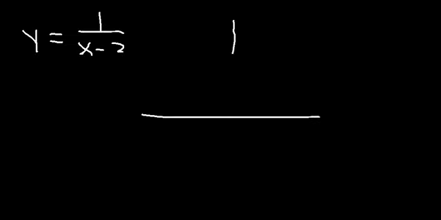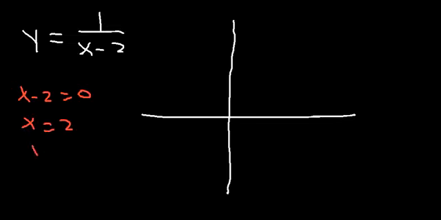So let's try some problems. Let's say if we wish to graph 1 over x minus 2. So we have the general shape, but you want to plot the vertical asymptote. The vertical asymptote is when the denominator is equal to 0. So if you set the bottom equal to 0, you get x equals 2. That's the VA, the vertical asymptote.